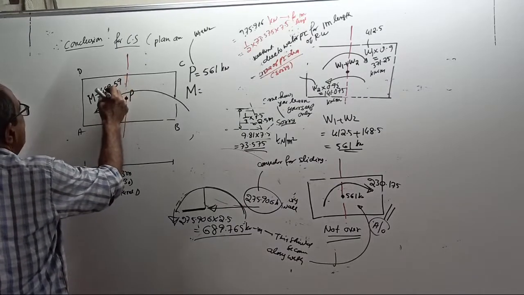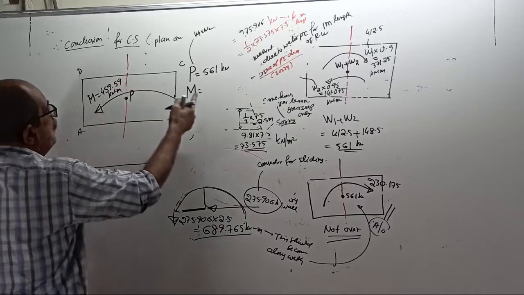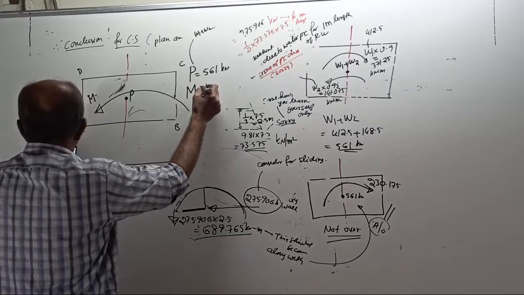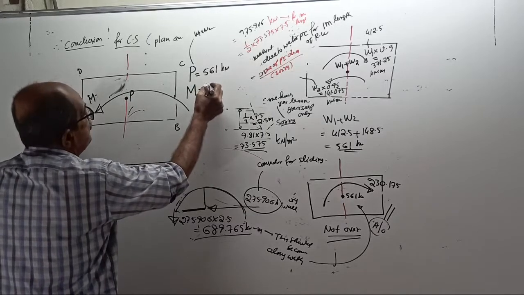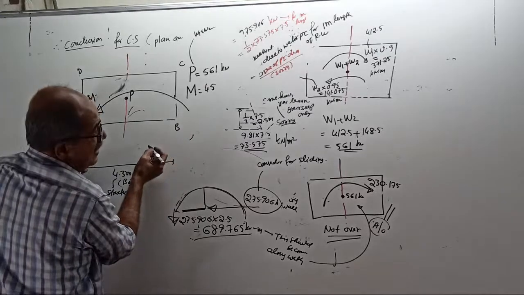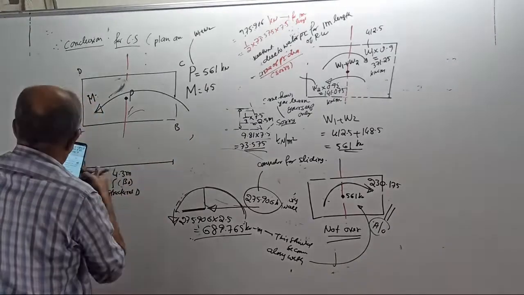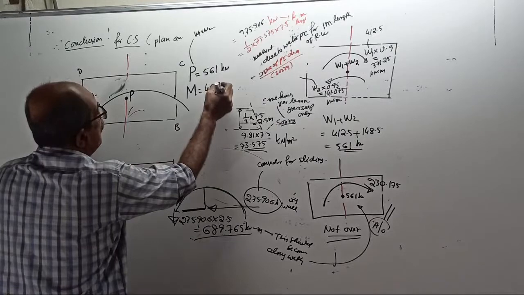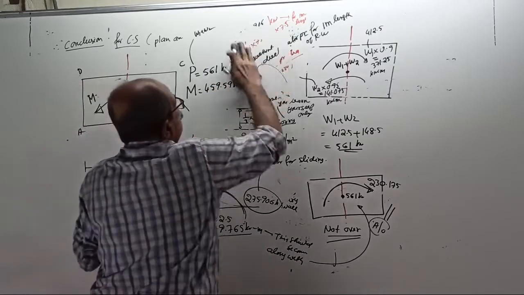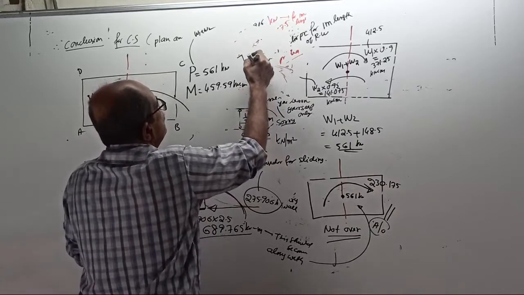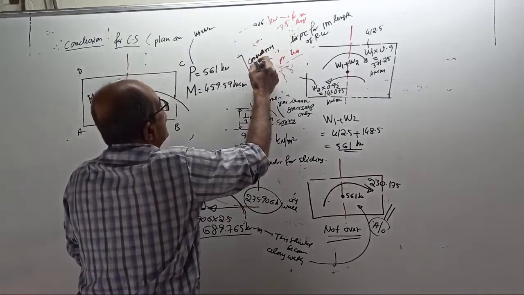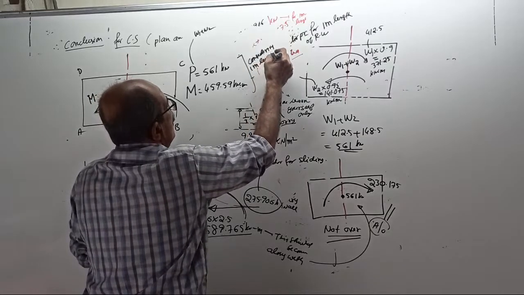M equal to 459.59 kilonewton meter. Everything is considering 1 meter length of dam.